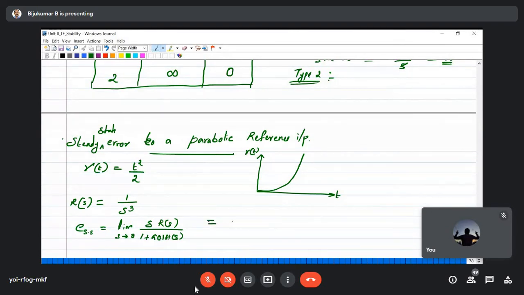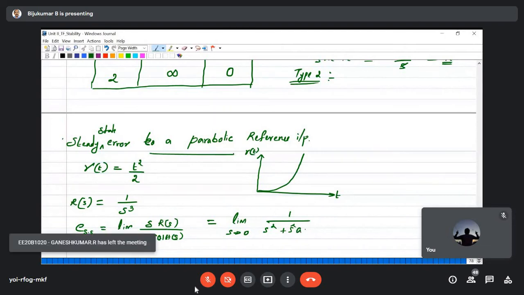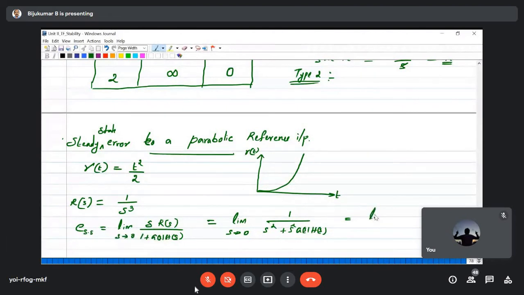So if you substitute R of s in this relation, we will get limit s tends to 0, 1 divided by s square plus s square G(s)H(s). It can be written as limit s tends to 0, 1 divided by s square G(s)H(s).